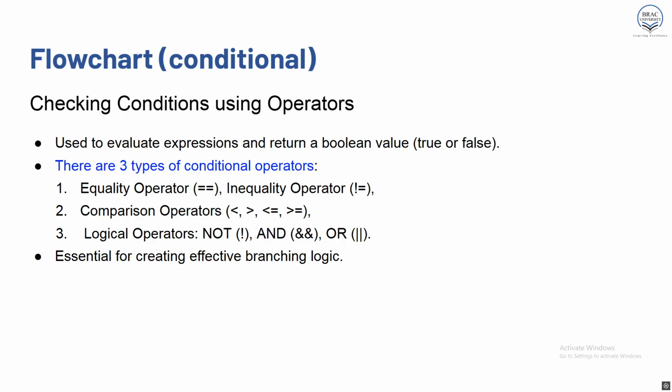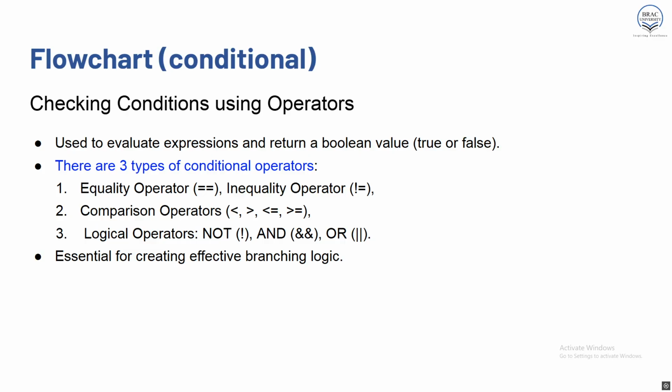The inequality or not equals to can be denoted as an exclamation sign and the equal sign. So first one will be the exclamation, and right after that there will be an equal sign. In the programming world, the exclamation sign is used as not.